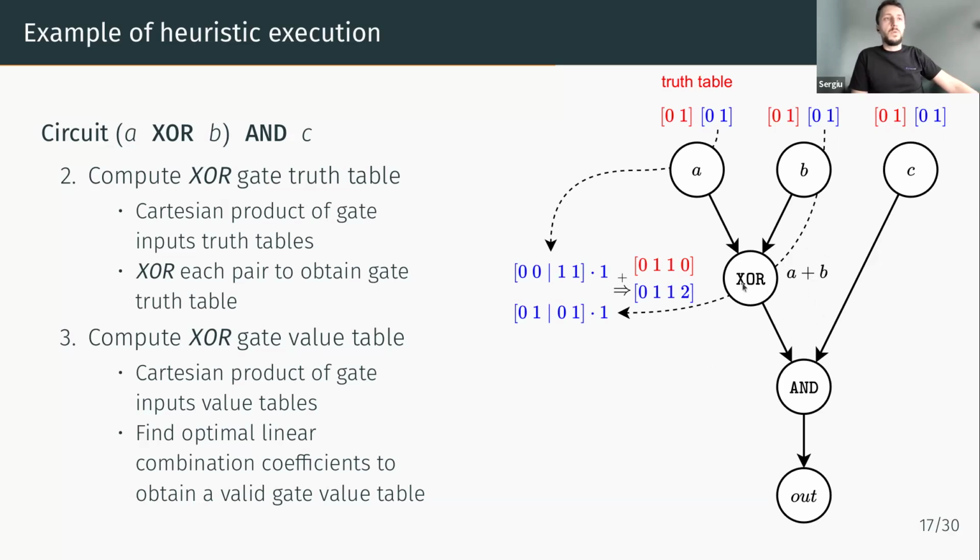For example, for XOR we have A plus B, and A plus B allows to have something which evaluates this function.